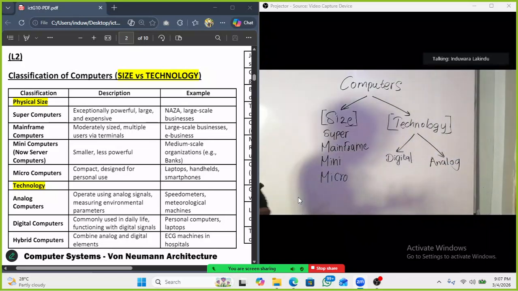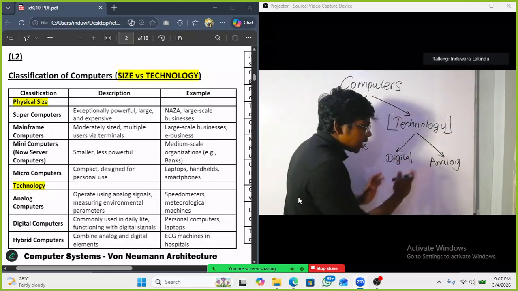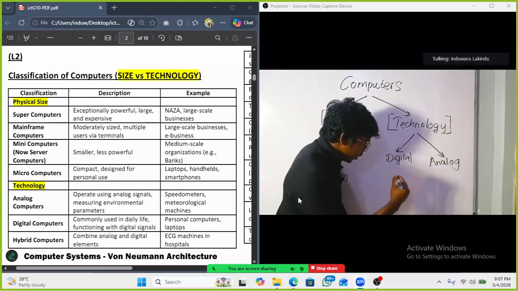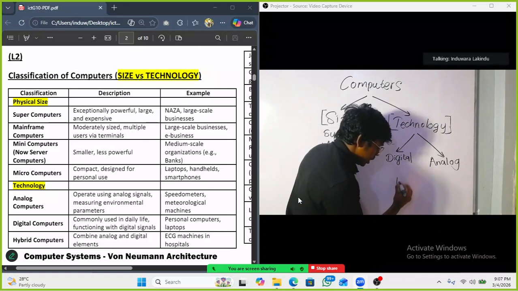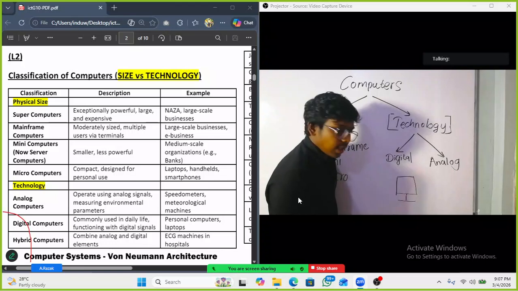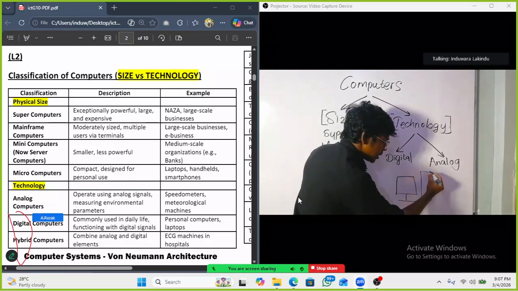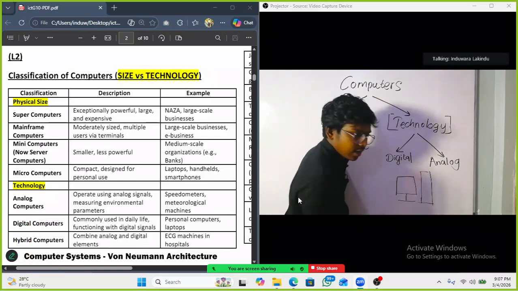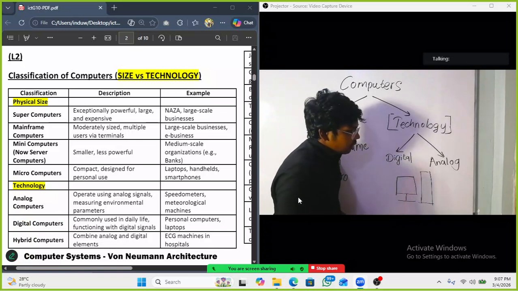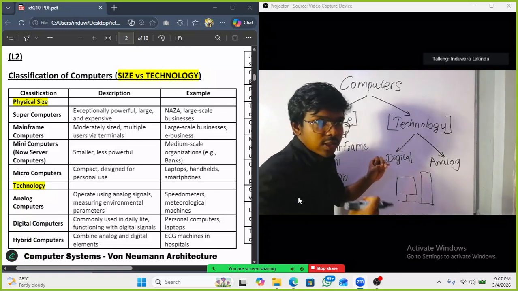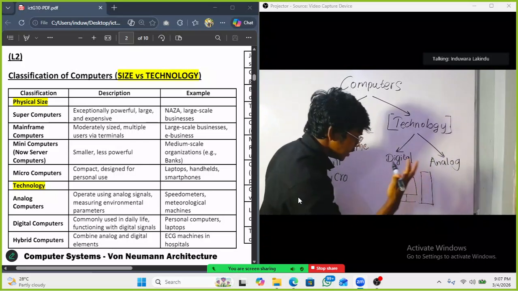Based on technology, digital and analog: inside your computer, there are wires, there are circuit paths, there are a lot of things. The easiest way to explain this is like this.